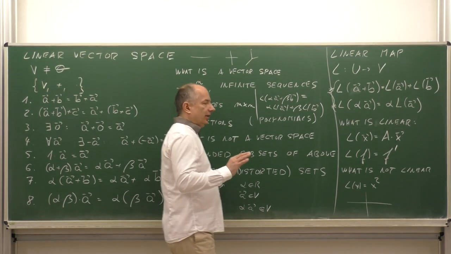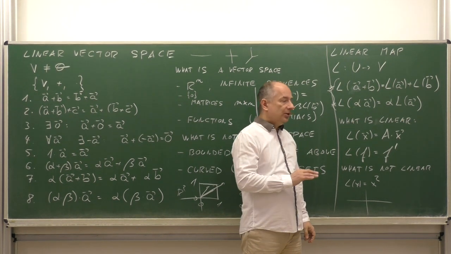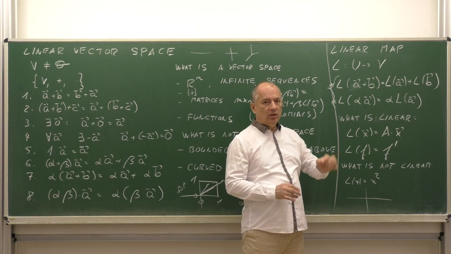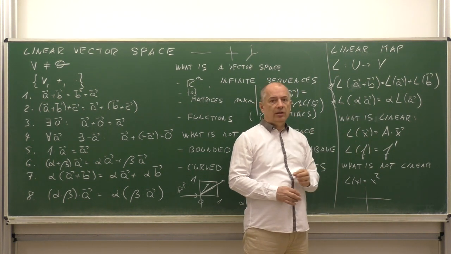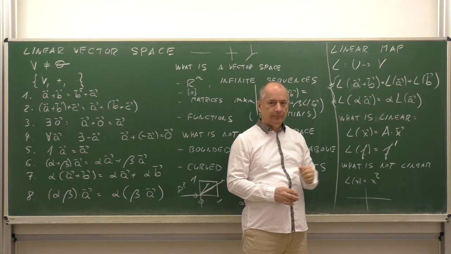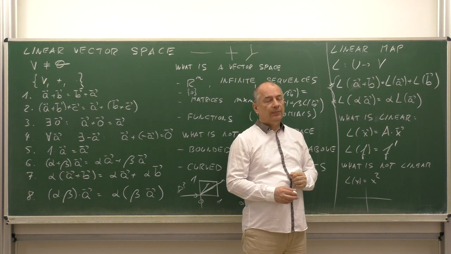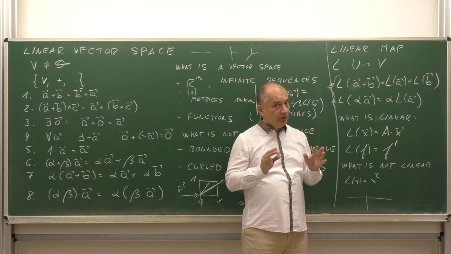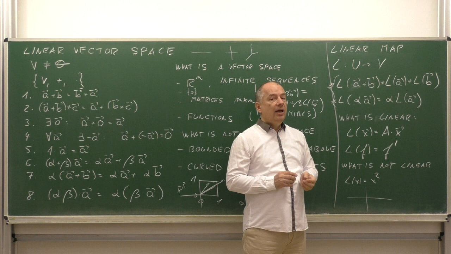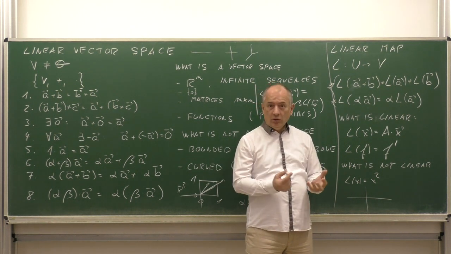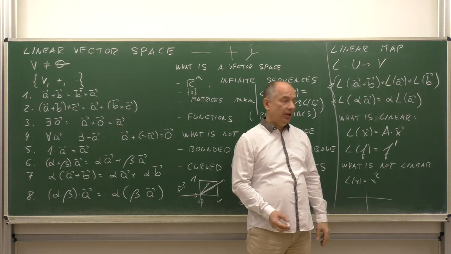Well, in mathematics, we say a map is linear if this is true for all vectors A and all vectors B and all scalars alpha. Yes, this is the mathematical definition. But in engineering practice, many systems behave approximately, very well, linearly for weak input, and for strong input, they behave non-linearly.